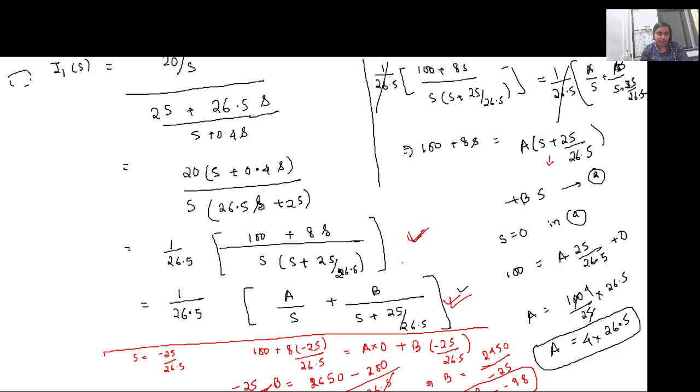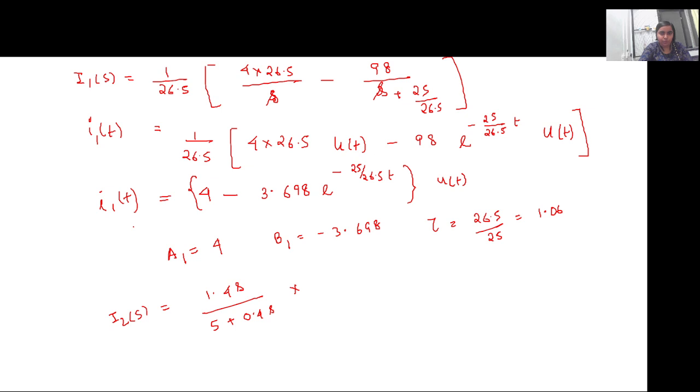This particular value you can put it in, because later on we separate the function to take the Laplace inverse. So this I1 of s, this particular expression, we plug it in equation 2.